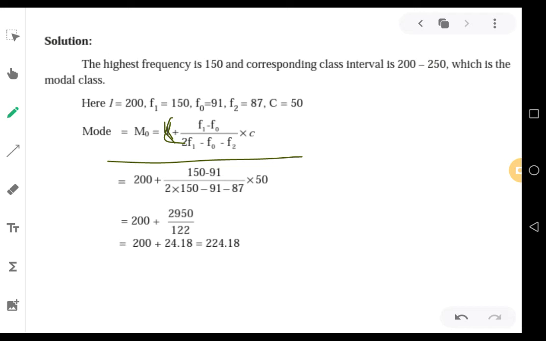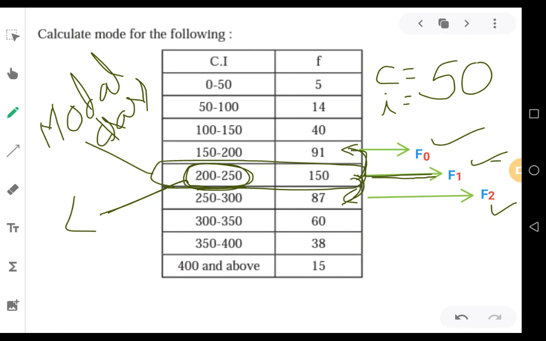L is 200, F1 is 150, F0 is 91, F2 is 87, C equals 50. So we have got all the values.